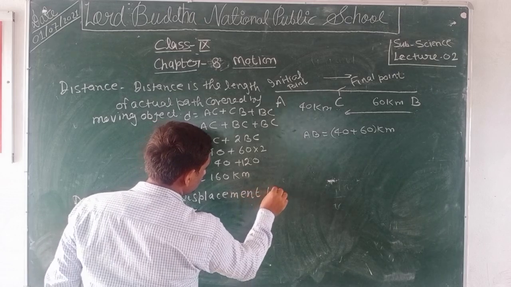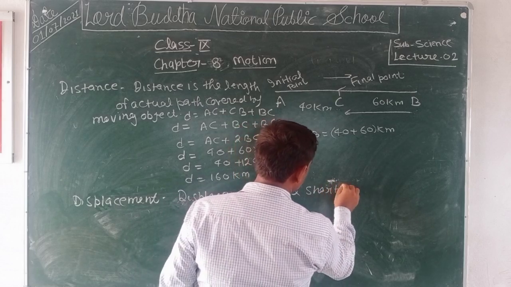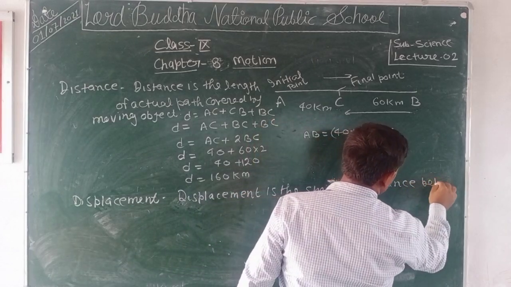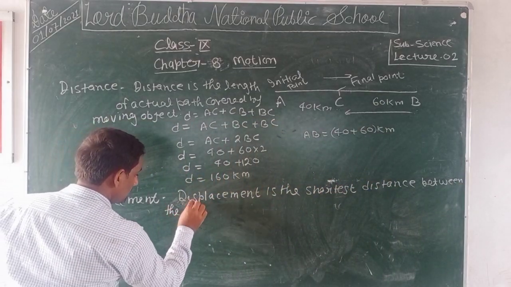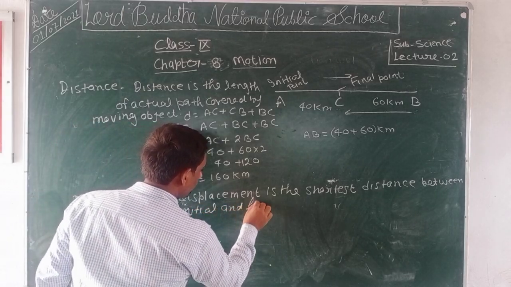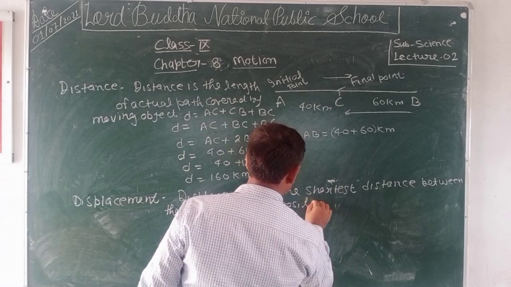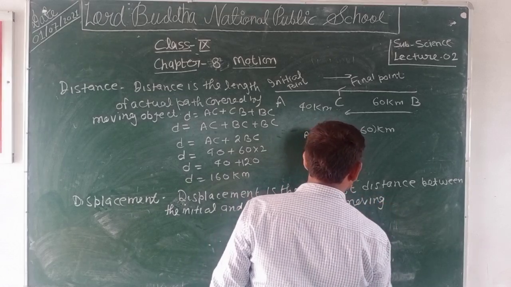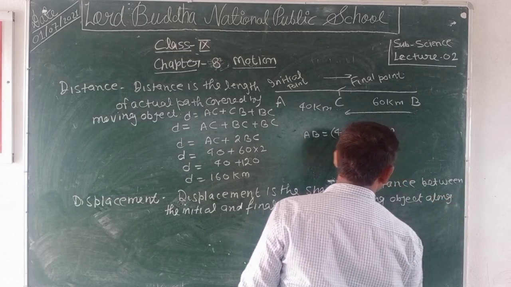Displacement is the shortest distance between the initial and final position of a moving object along with direction.